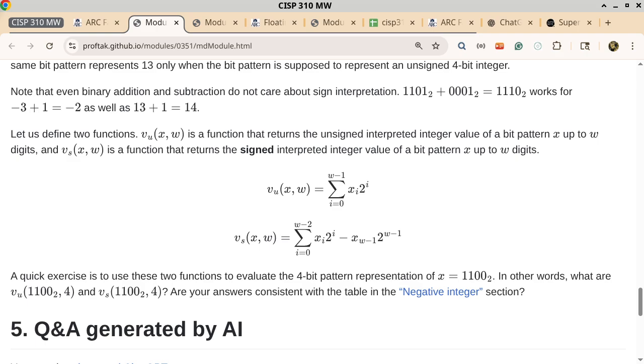But when it comes to the signed interpretation, it's sort of like that, except we leave out the most significant bit. You can see how in the sigma, this one ends with W minus 1, this one ends with W minus 2. So what are we going to do with bit W minus 1? It specifies whether we should subtract the power of 2 corresponding to that position. So that's echoing your observation. Right. Yep.